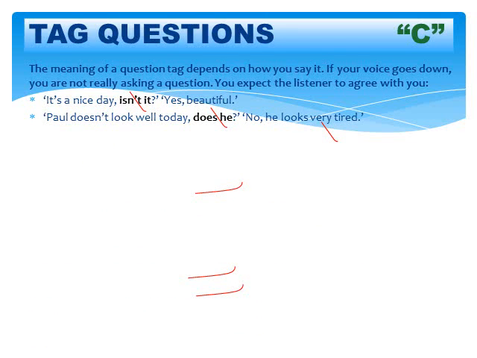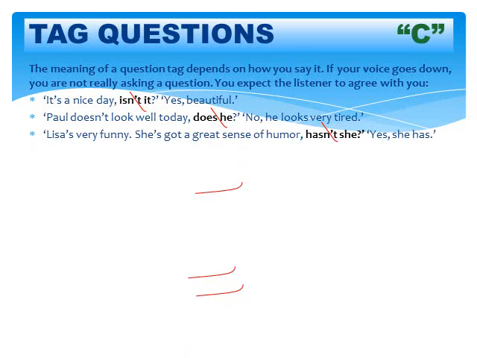Paul doesn't look very well today, does he? No, he looks very tired. And the next one: Lisa's very funny. She's got a great sense of humor, hasn't she? Yes, she has.